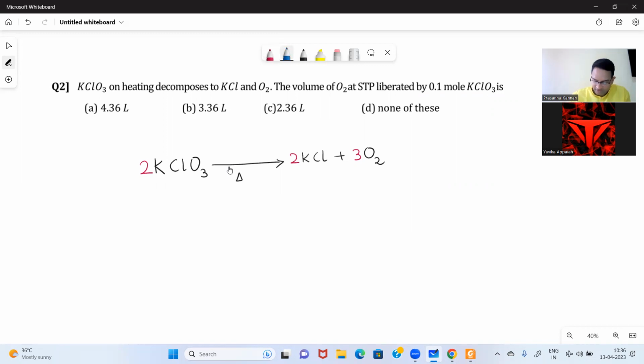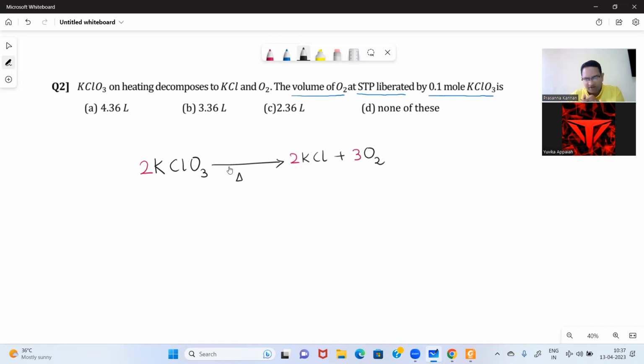Now what is given in the question? Find the volume of oxygen that is liberated at STP by how many moles? 0.1. Yes. Now, just look at the relationship. 2 moles of KClO3 provides how many moles of potassium chloride and how many moles of oxygen? Sir, 2 moles of KCl and 3 moles of oxygen.